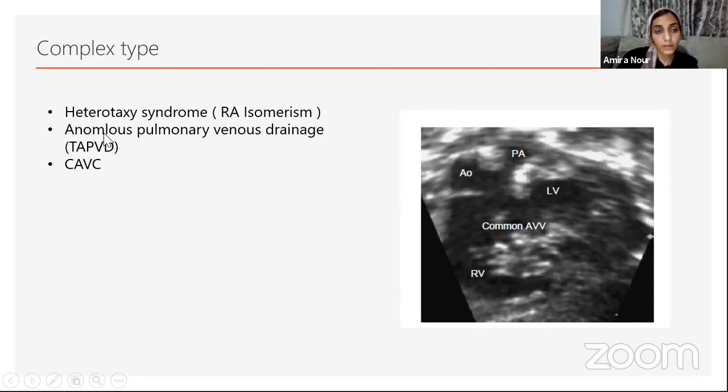Here the patient has double outlet right ventricle associated with asplenia syndrome or right atrial isomerism, or has either partial or total anomalous pulmonary venous drainage, or has common AV canal and double outlet right ventricle. So we can call this a complex type of double outlet right ventricle.